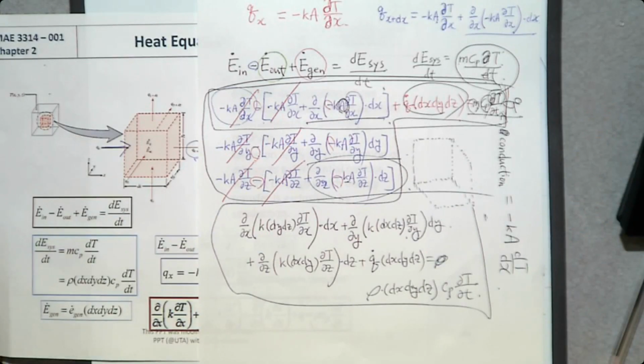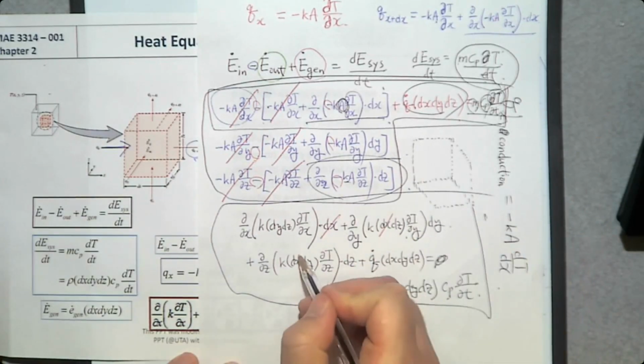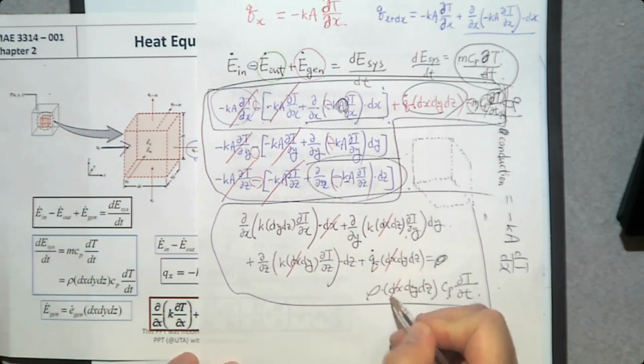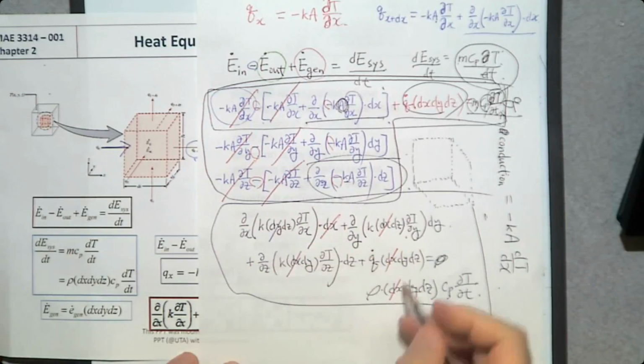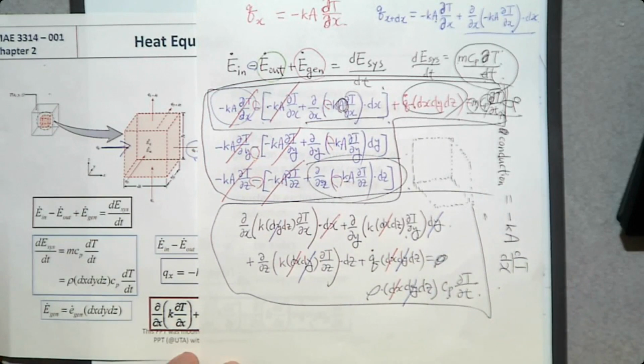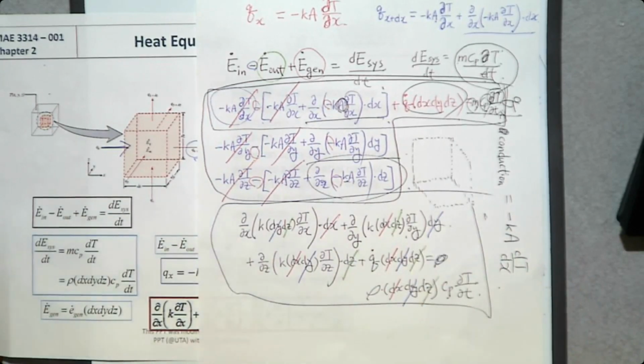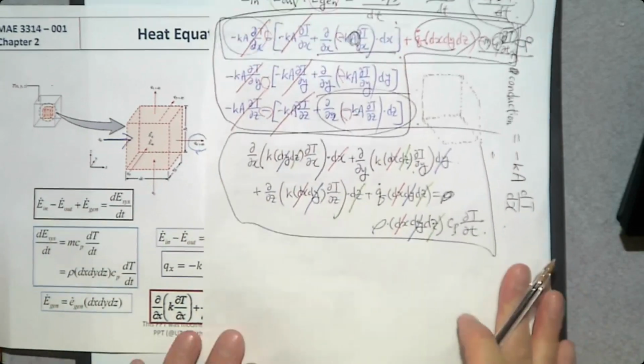Now, dx is constant, dy is constant, dz is constant because they are the dimensions of this cube. So if you look at this one, we have dx, dx, dx, dx, dx, dy, dy, dy, dy, dy, and dz, dz, dz, dz, dz. Then what do we have?